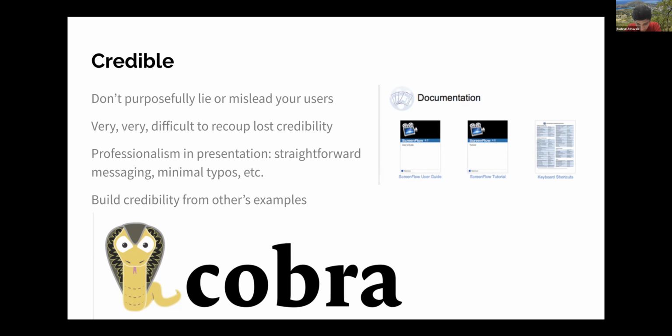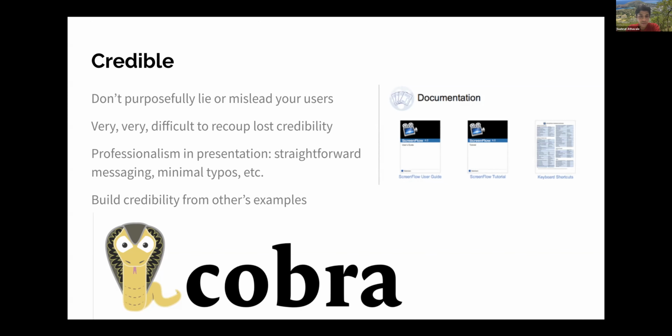Another example of credibility that I like is Cobra. Cobra is a framework I've used for GoLang before, and it helps you build command line interfaces. And the great thing about Cobra, and something that really helped it gain traction, is that it really tries to stick to the paradigms of Go. It's imperative, it keeps all the benefits of concurrency, and it's easy to learn.